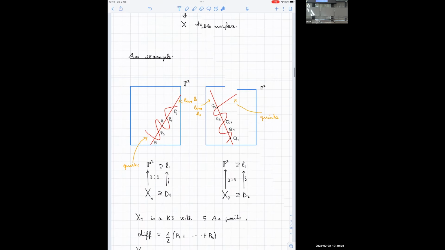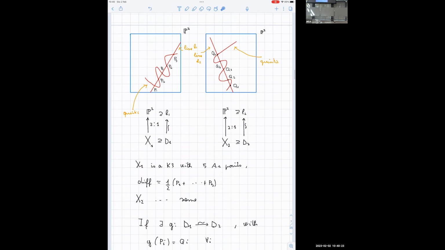And let me give an example that will reappear later. So here we start with P2, take a line, and then a general quintic curve.